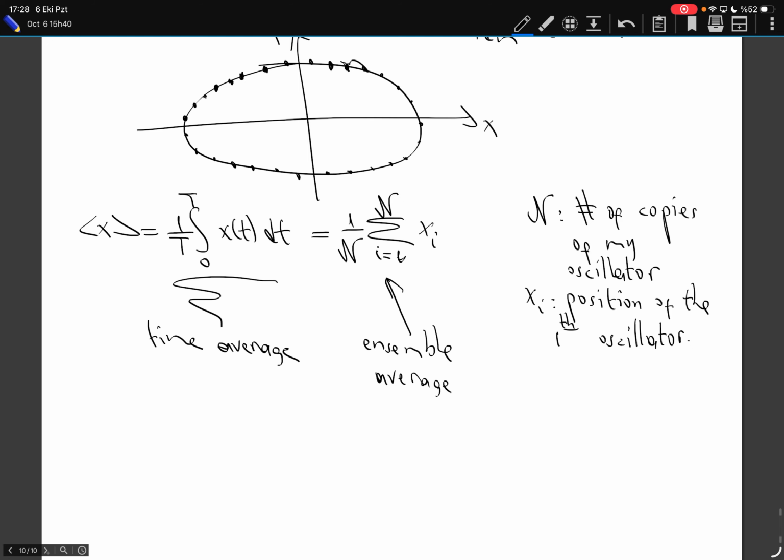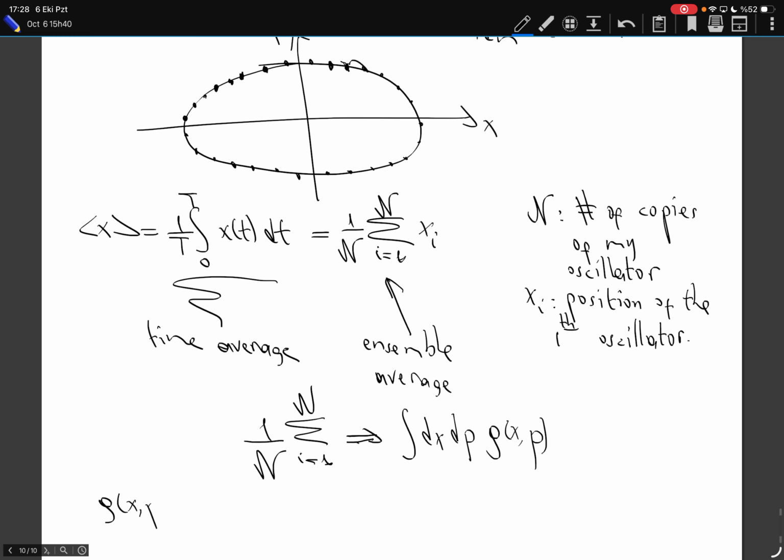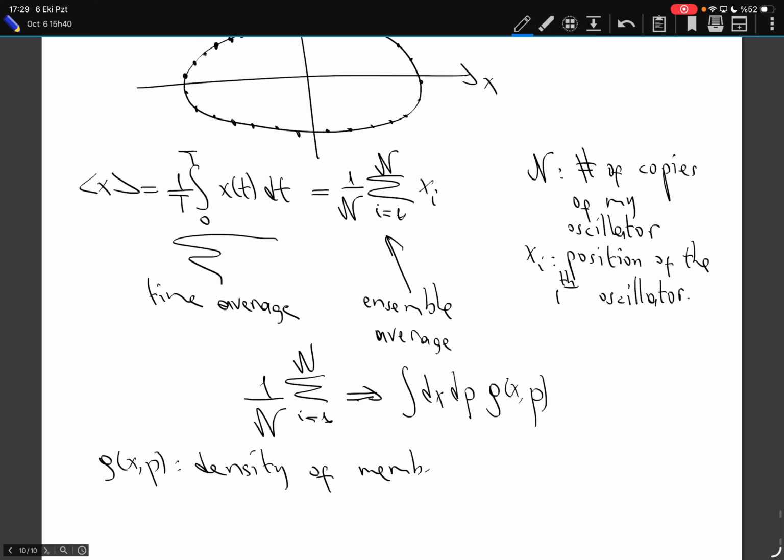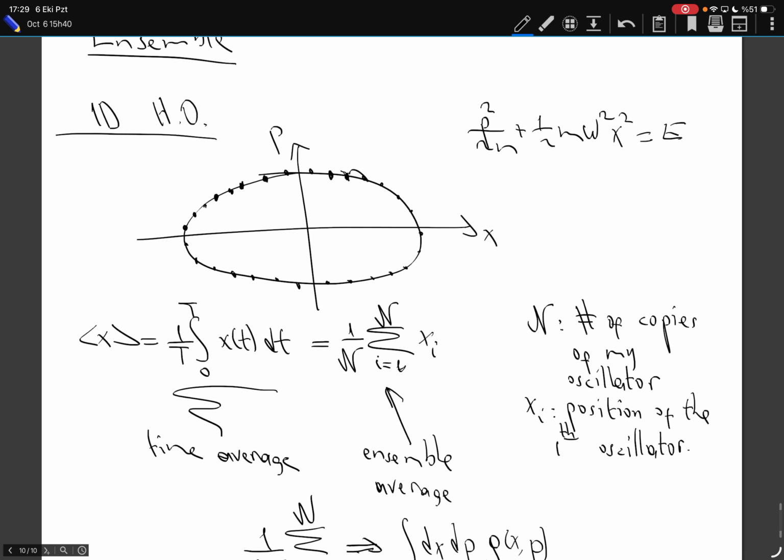Now, you see, I can write this sum over i from 1 to n as an integral, where rho is the density of members of the ensemble in phase space. For example, here I just took a discrete sample of my oscillator.